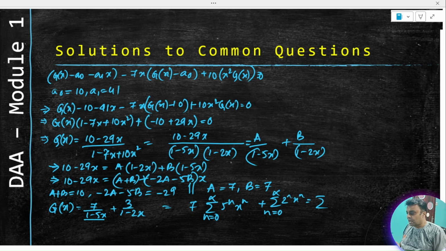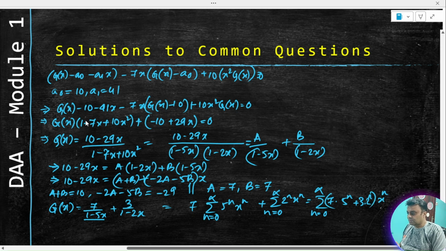So if I aggregate the sigmas together then I am going to get n equal to 0 to infinity of 7 multiplied by 5 to the power of n plus 3 multiplied by 2 to the power of n, the whole times x to the power of n.